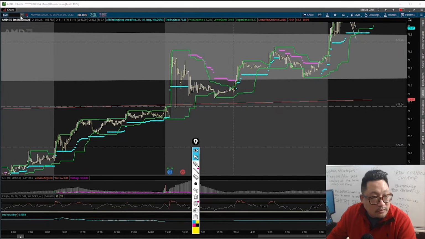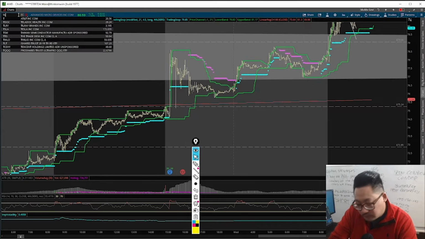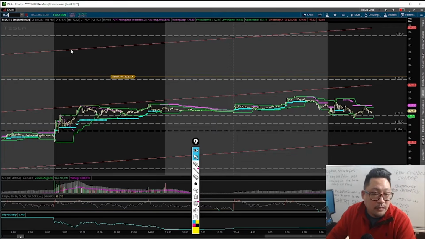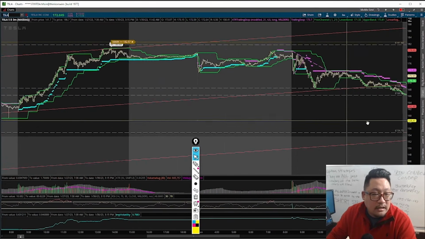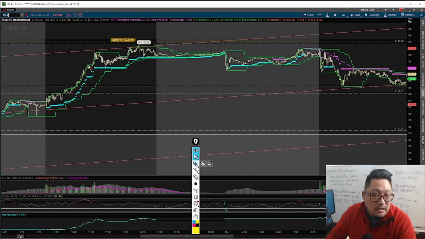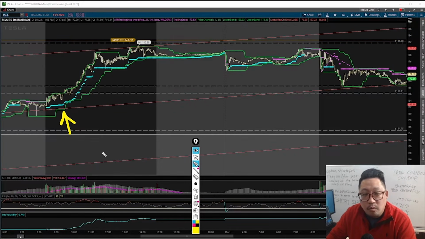Let's look at the recent run-up in Tesla here, both up and down. So we have seen the utility in Tesla play in different ways. Tesla, just a few days ago, made a substantial run, basically running from $165 to $180 in one day.